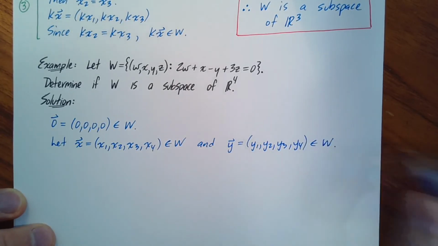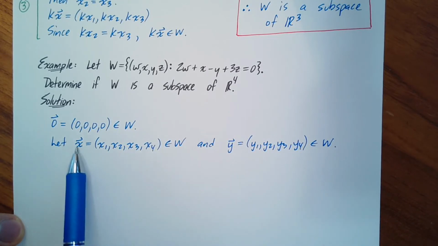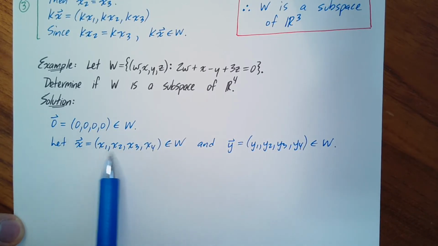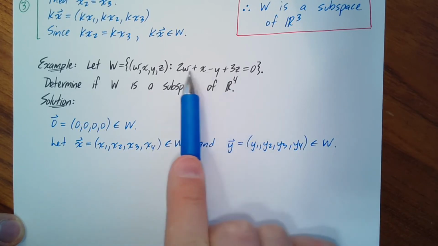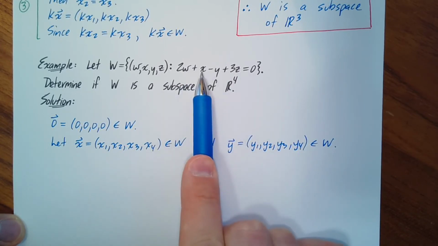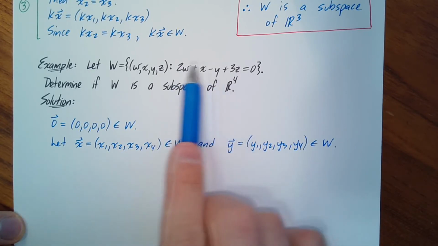So we're going to assume that those are in W. Okay? Well, what do you do next? Write out what that means. What does it mean for X to be in W? These four coordinates need to satisfy this equation. If I plug in X1 for W, X2 for X, X3 for Y, and X4 for Z, then I have to get 0 for the left-hand side of this equation.